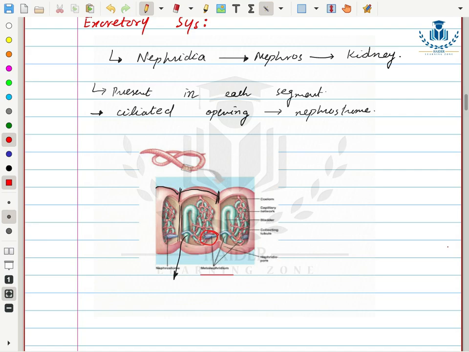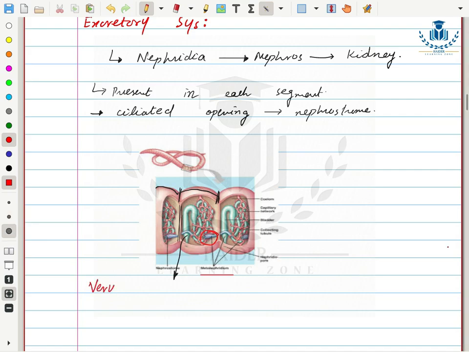And this ciliated opening helps to collect the excretory waste from this part, and then you can see that there are a number of blood vessels surrounding the nephridia, and these blood vessels are basically for the reabsorption of useful substances from excretory waste.